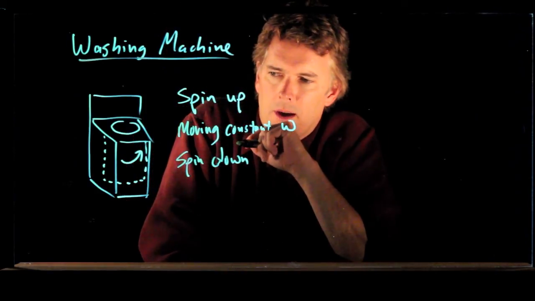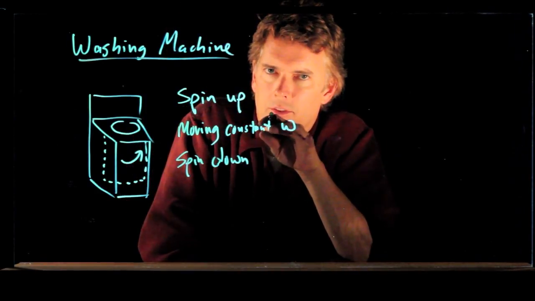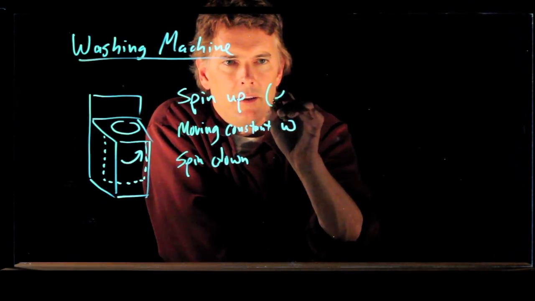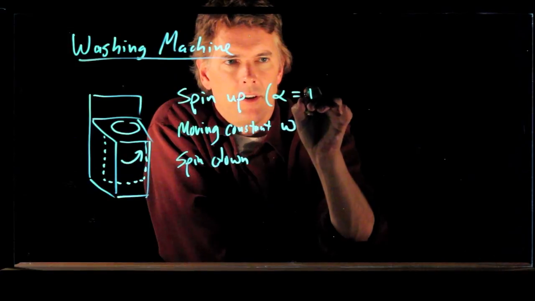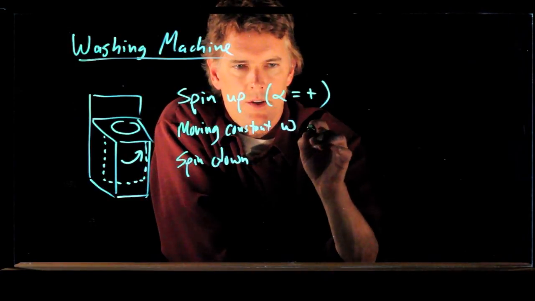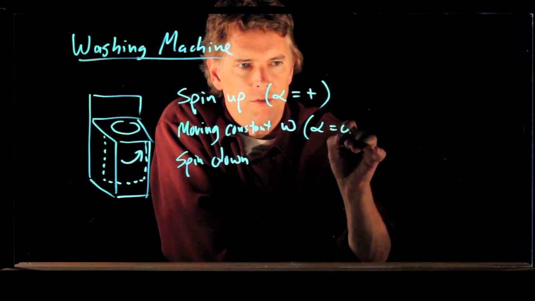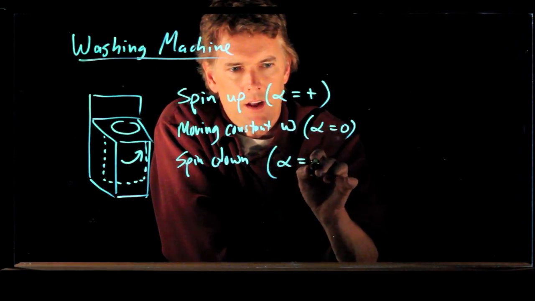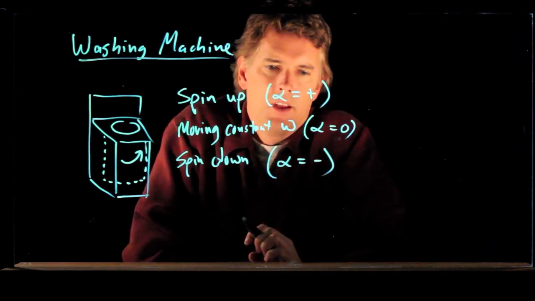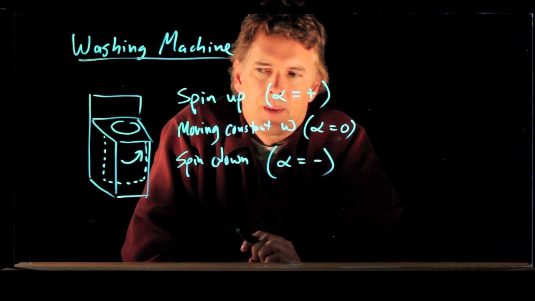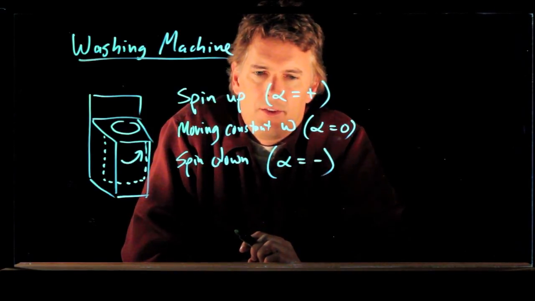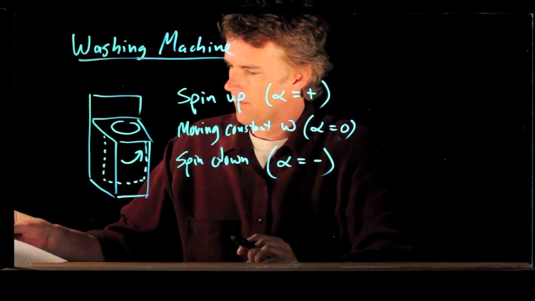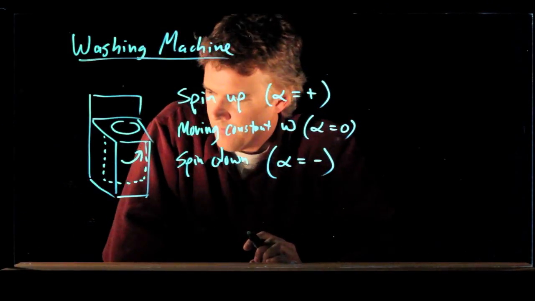So if we think about alpha for these different regions, what can we say? Well, alpha is positive in that region, alpha is 0 in that region, and alpha is a negative constant in that region. Okay? And let's give you some values and let's figure out something about this motion.